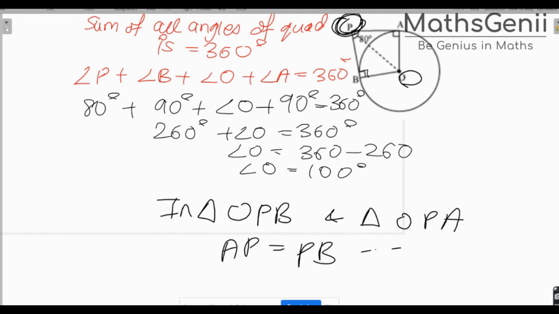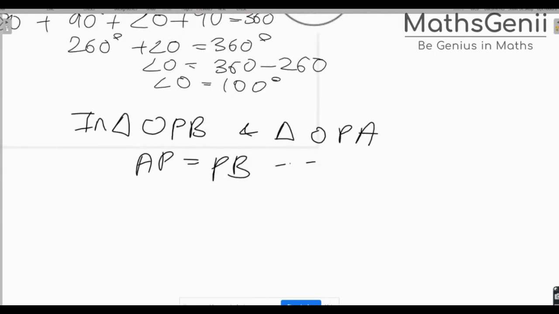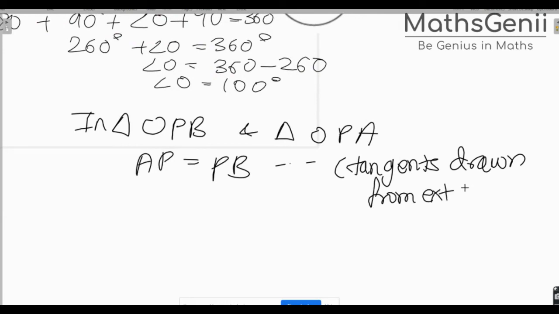This is also the property that we had proved, theorem 10.2, tangents drawn from an external point, which we proved already just now.